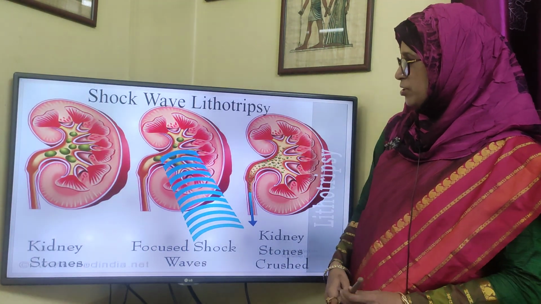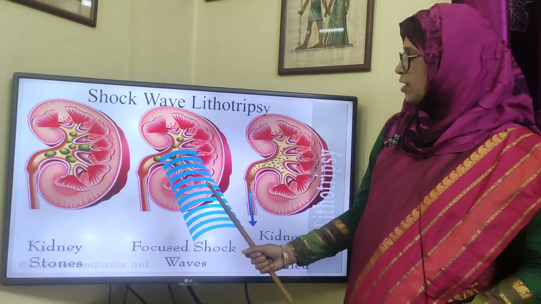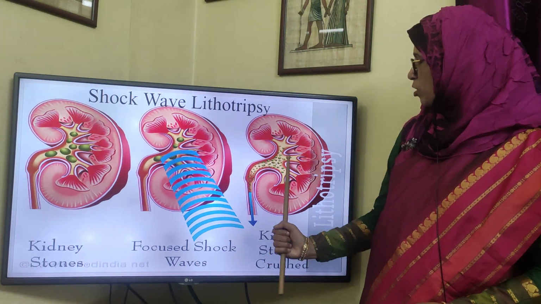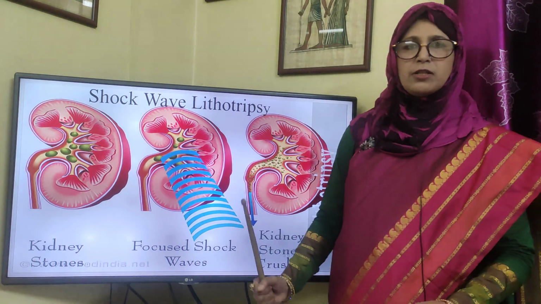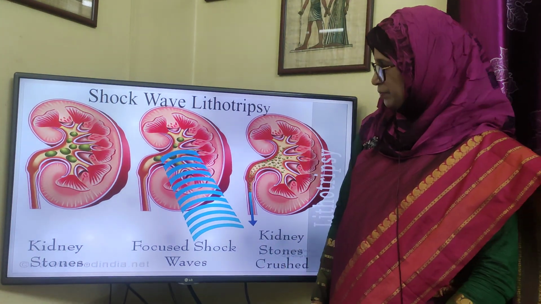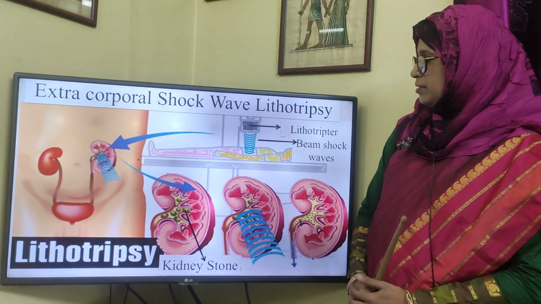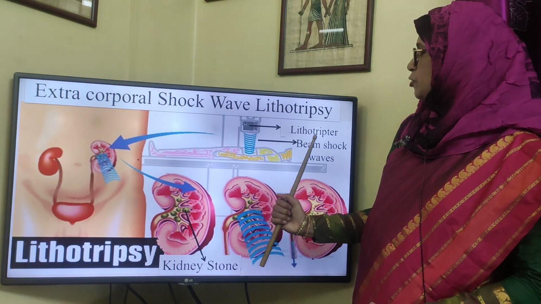See, shock wave lithotripsy: here is the kidney stone, and when the shock wave is applied, it is broken down into small pieces, and these stones come out in the urine through the ureter. Here is another spelling, extracorporeal shock wave lithotripsy.